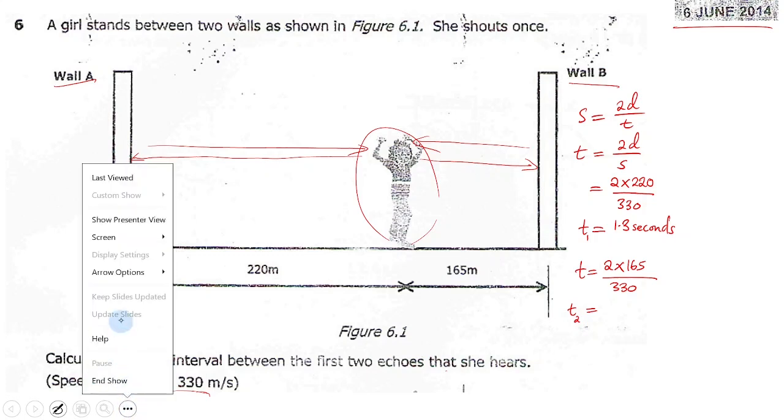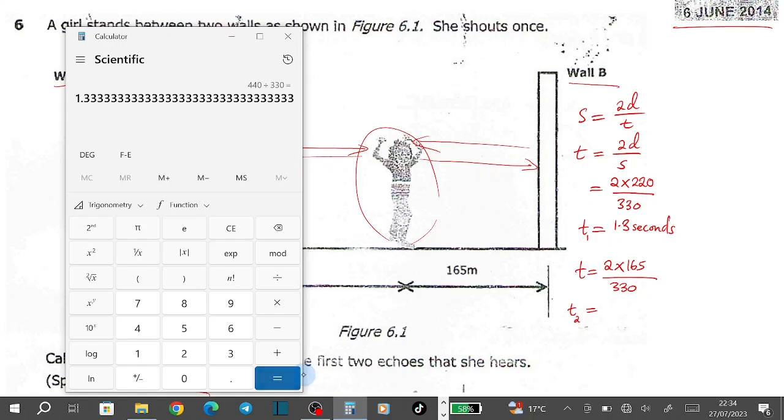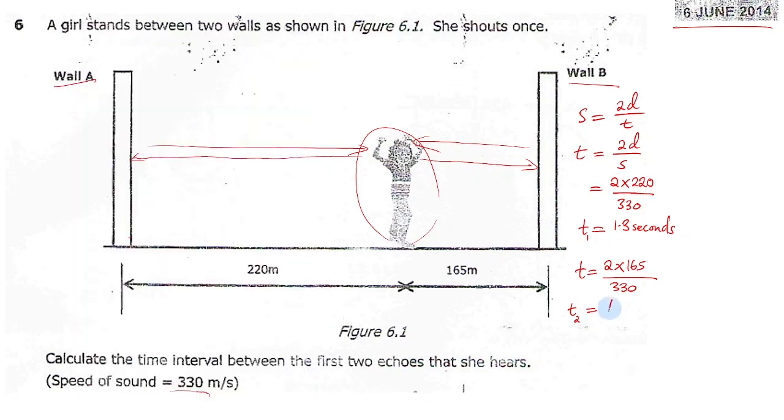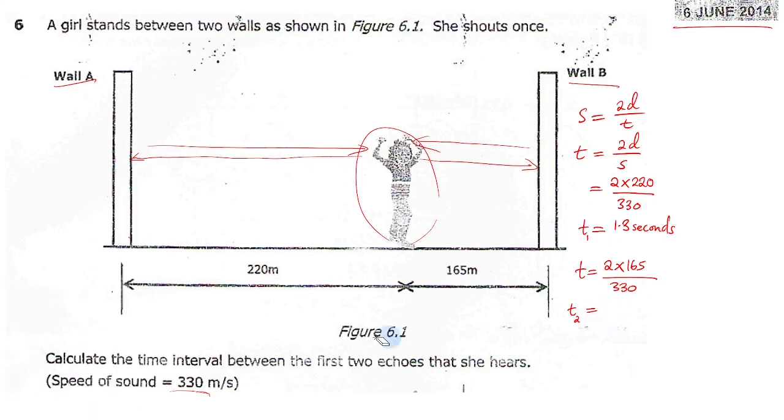So we are going to say 2 times 165 divided by the same, it is 1. So here the time is going to be 1 second.